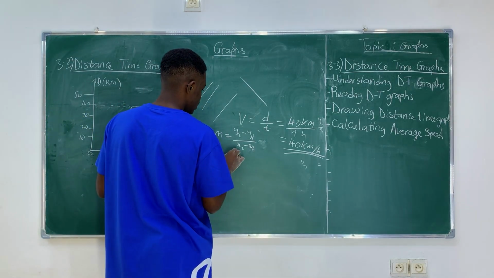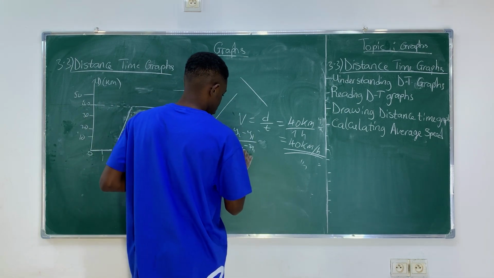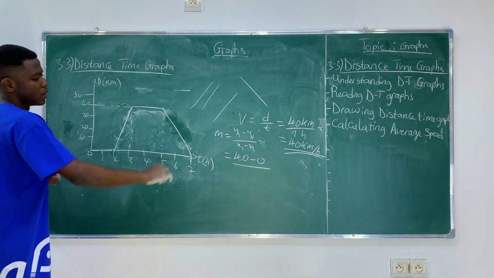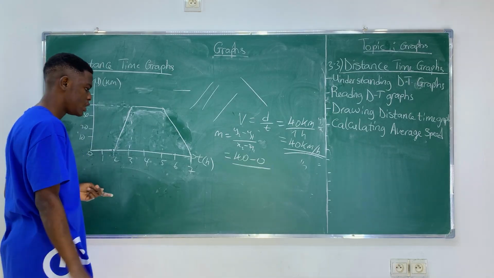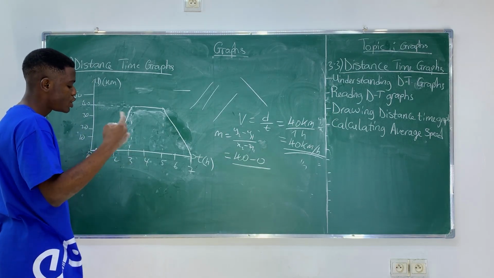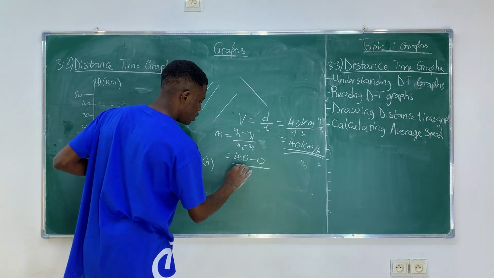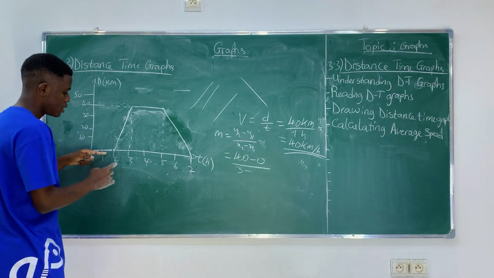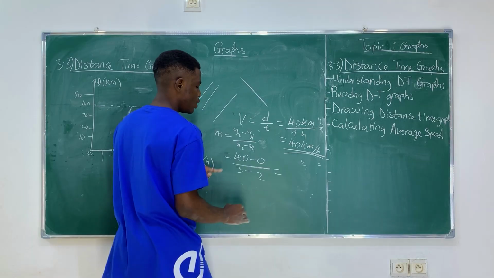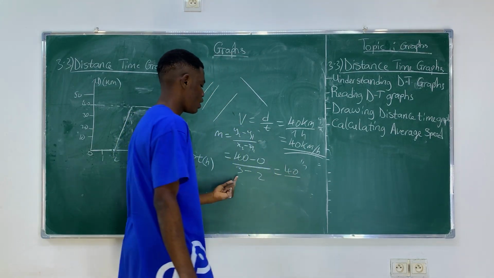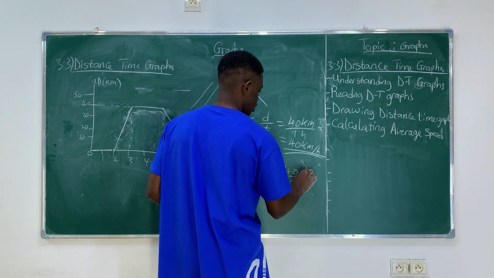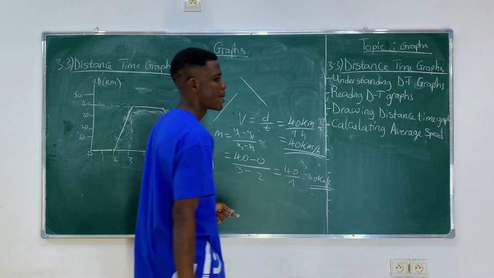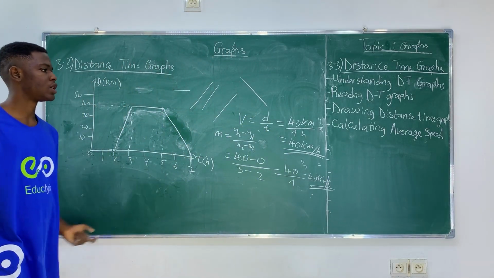So the distance at which it stops is 40, minus the distance at which it started, which is 0, all over x2 minus x1. x2 is the time at which it stopped, which is 3 hours, minus the time at which it started moving, the second hour. That's going to be 40 minus 0 is 40, over 3 minus 2 is 1. That's going to be 40 kilometers per hour. You see here, I placed 40 kilometers per hour.